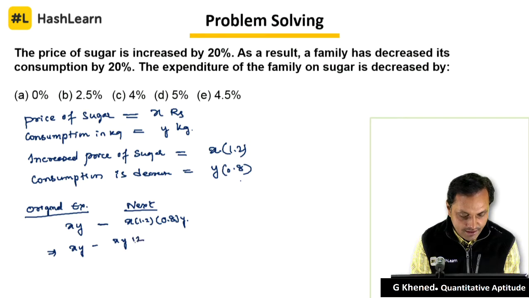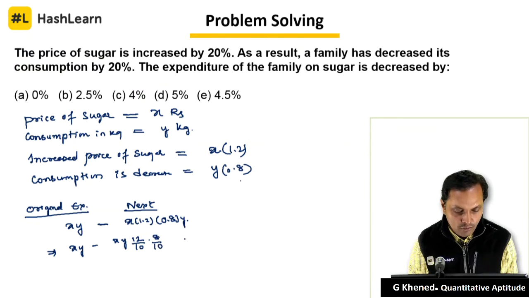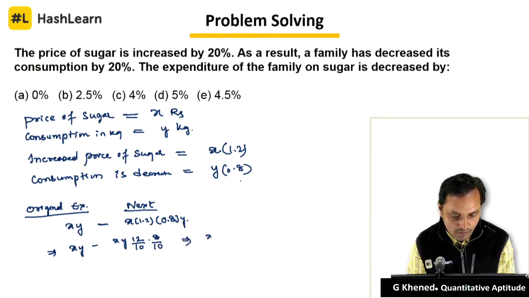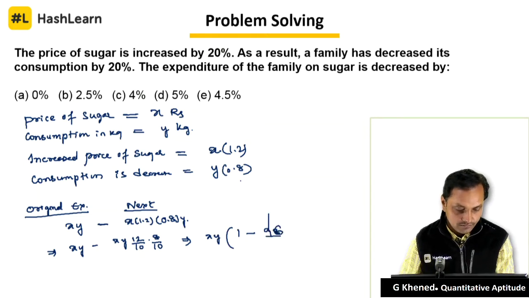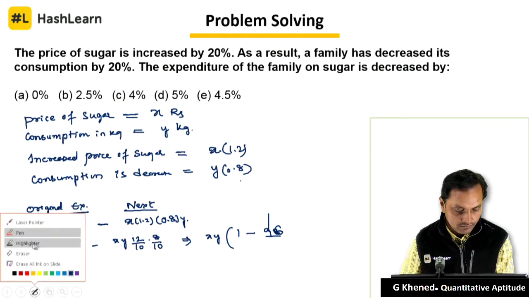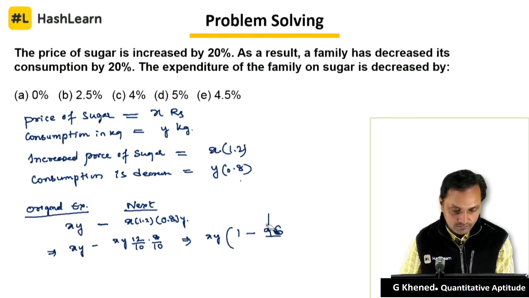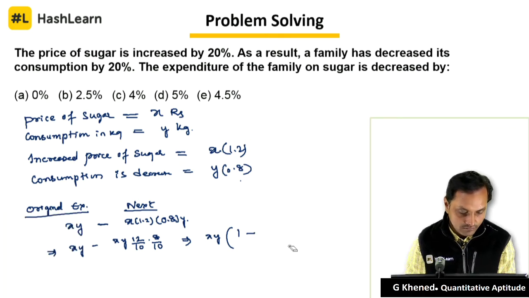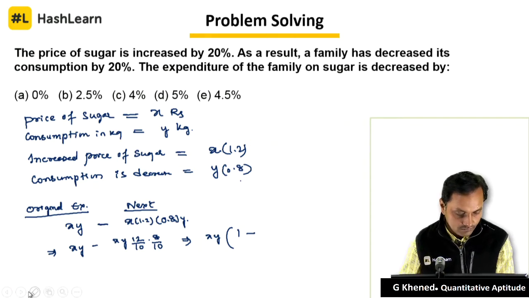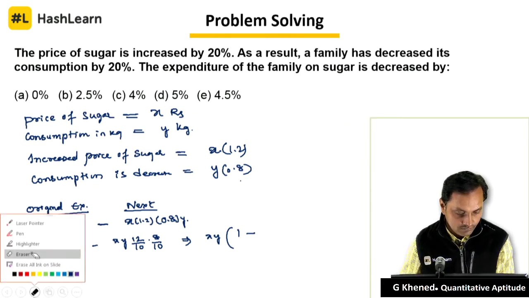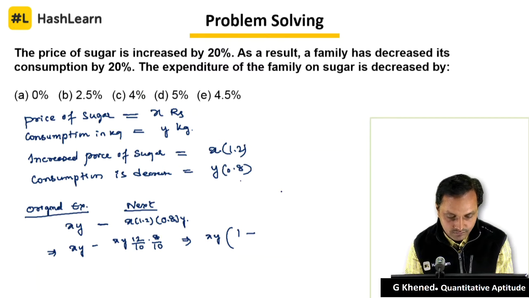Best method is write it as 12 by 10 and this as 8 by 10. Once you do the simplification, what happens? You can write it as 12 8s are 96, by 100.